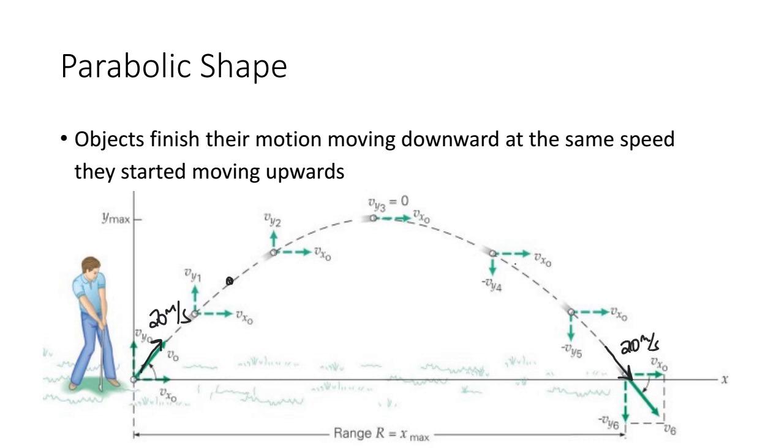You can imagine that as it travels upwards and downwards, the velocities at each of these locations are going to be equivalent. It's like a mirror image. The only difference is that anything moving upwards is going to have a positive velocity, and anything moving downwards is going to have a negative velocity. Both sides of the arc will have a negative acceleration, however.